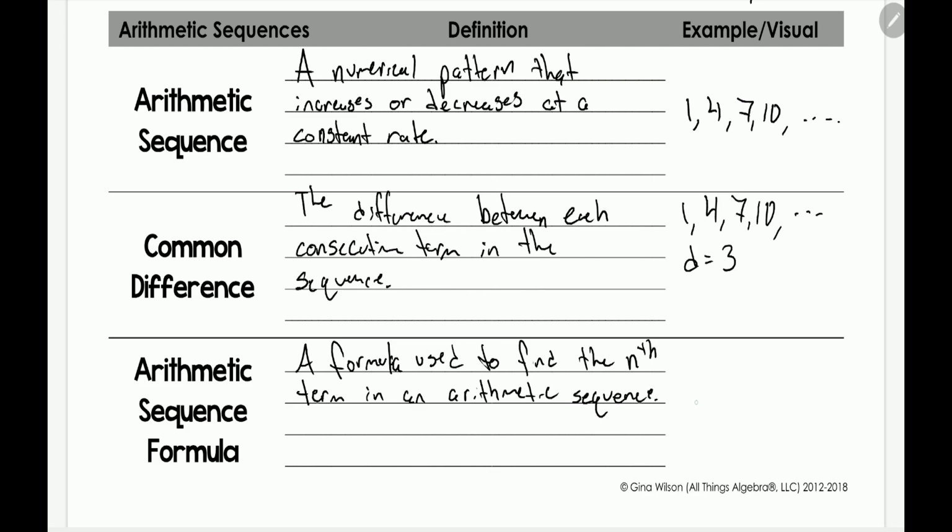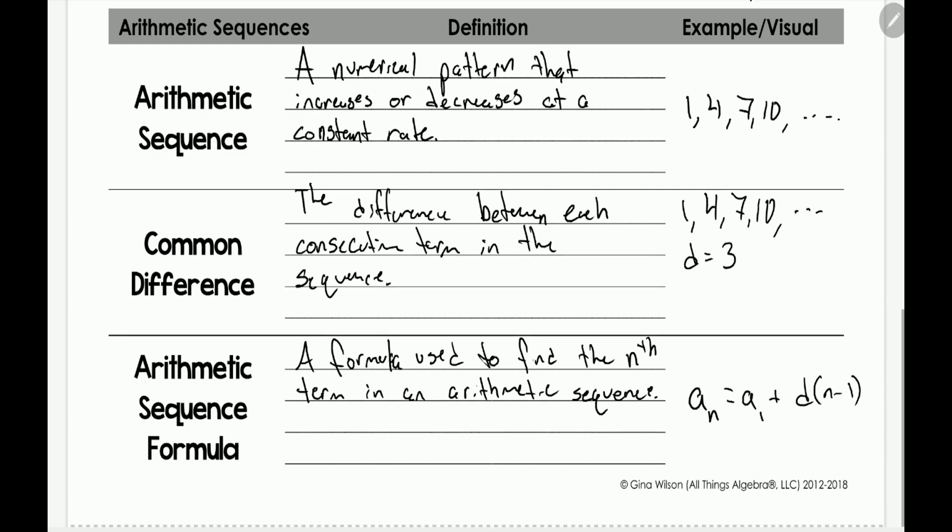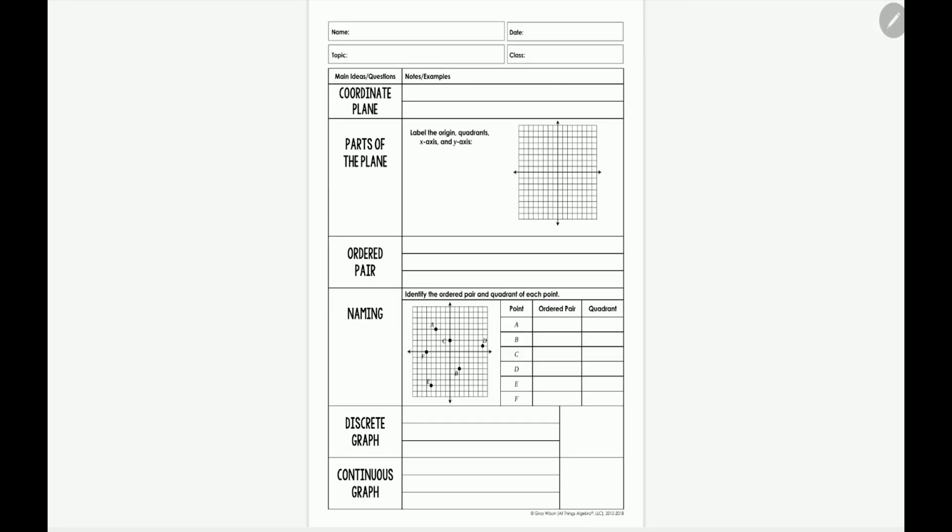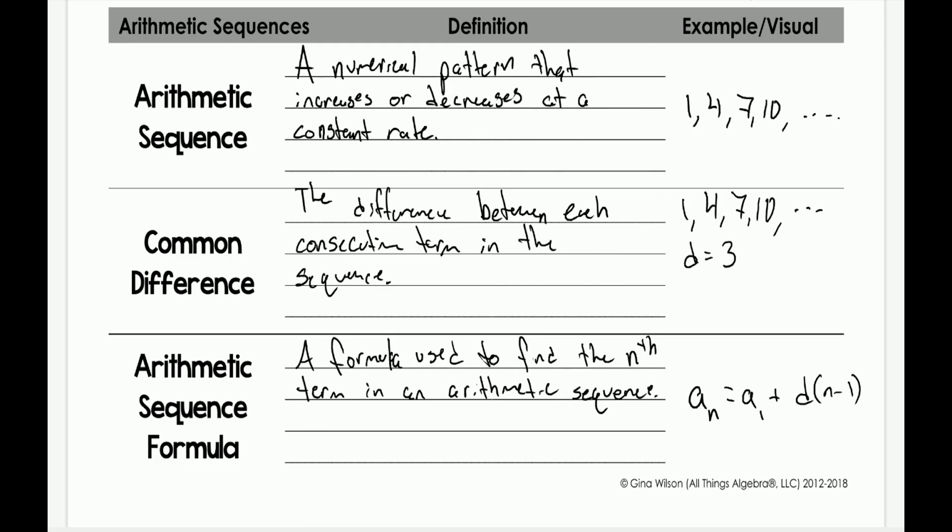And that formula is a sub n is equal to a sub 1 plus d times n minus 1. Okay? And that's going to be it for the notes.